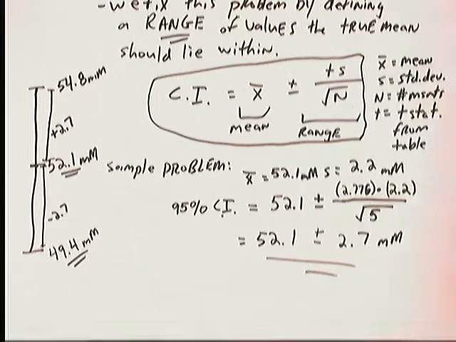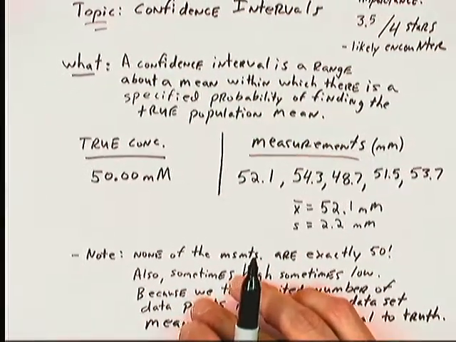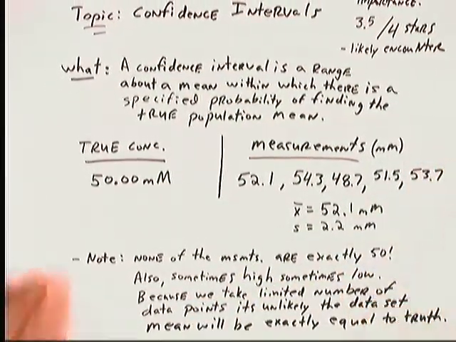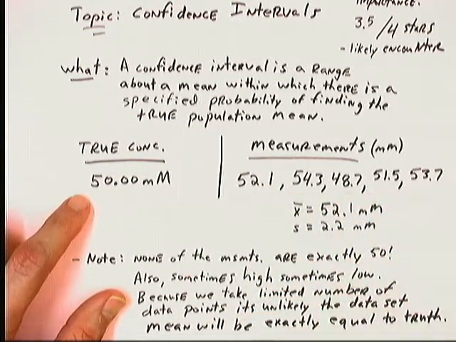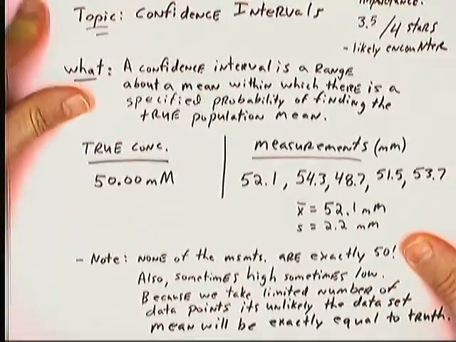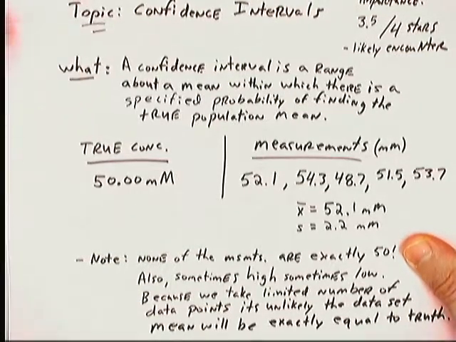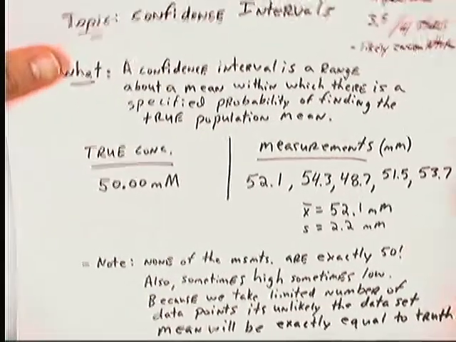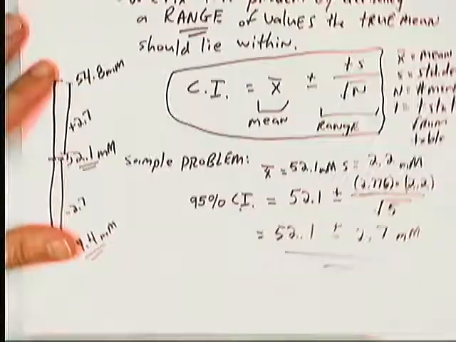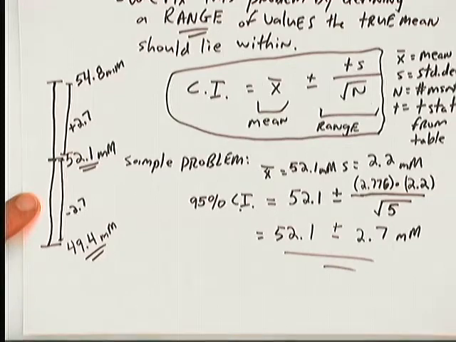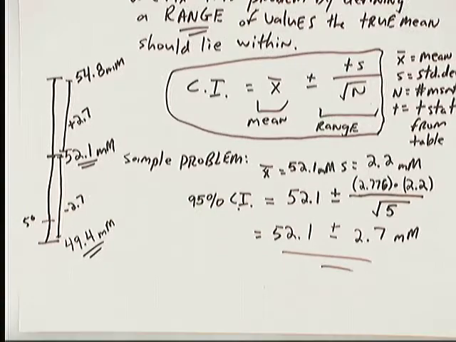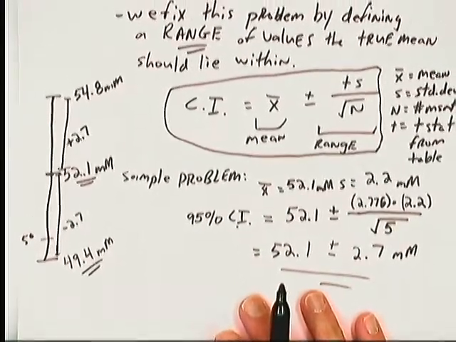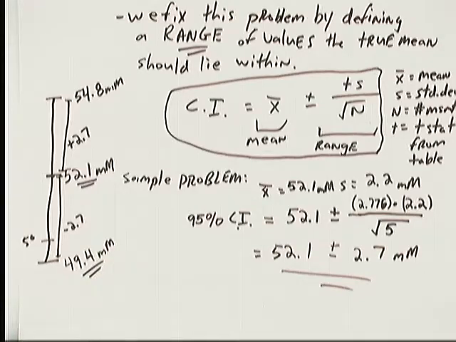Okay? Now if we go back and look at the previous worksheet, we can see that the true concentration was 50. And these were my n equals 5 replicate measurements on average. Now the average wasn't 50, but because we defined our interval as the average plus or minus that range, we can see that 50 does lie inside that range, and sure enough, our true value lies within that confidence interval.